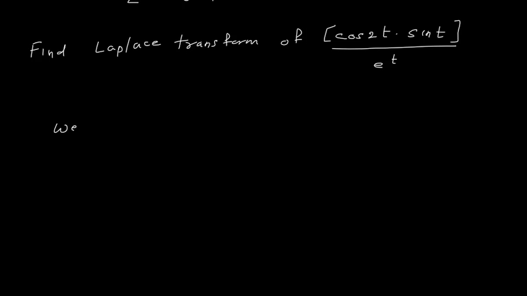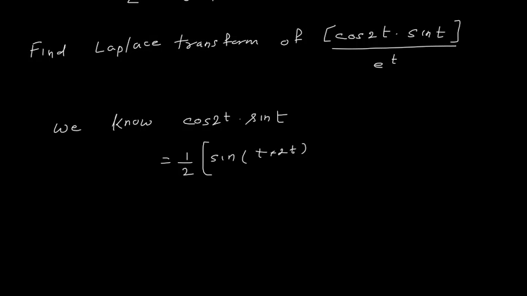So again I will say that we know cos 2t into sin t. Now this is your sin a cos b form, sin t into cos 2t. Sin a cos b is 1 upon 2 sin of a plus b, a plus b means t plus 2t, plus sin a minus b, which means t minus 2t.